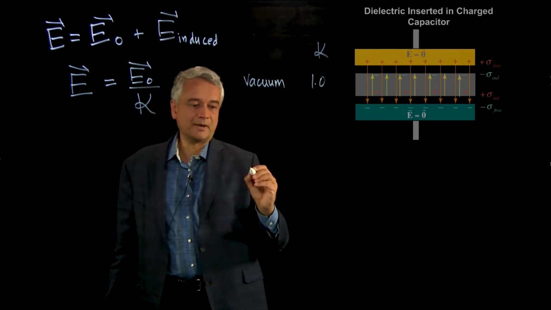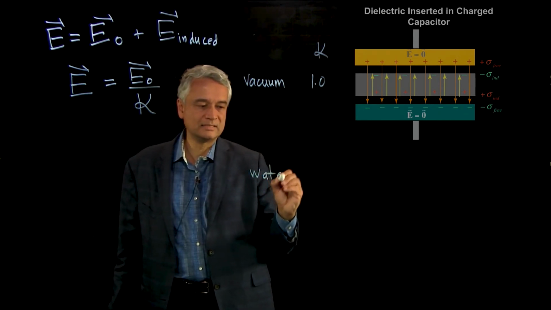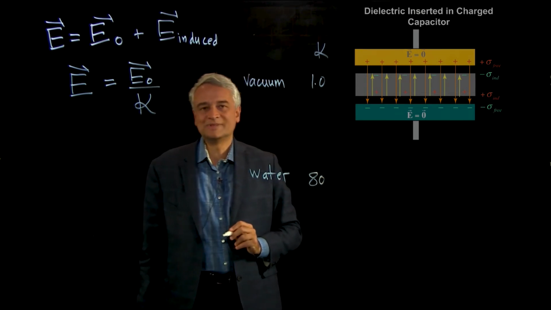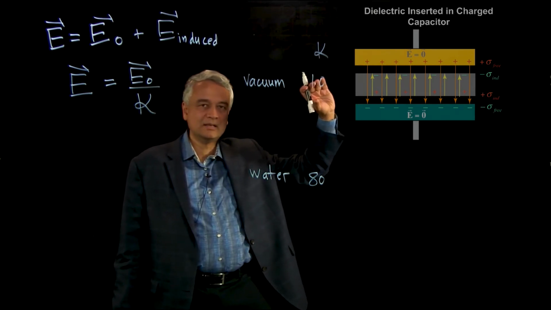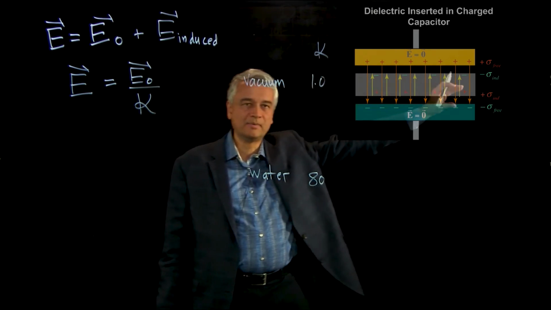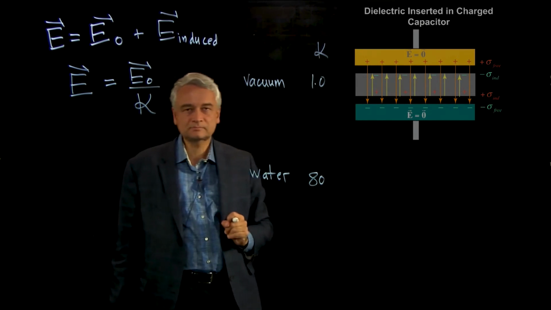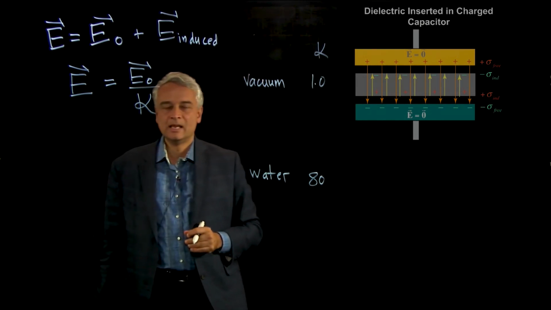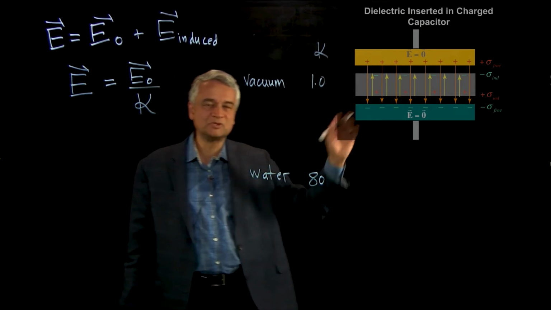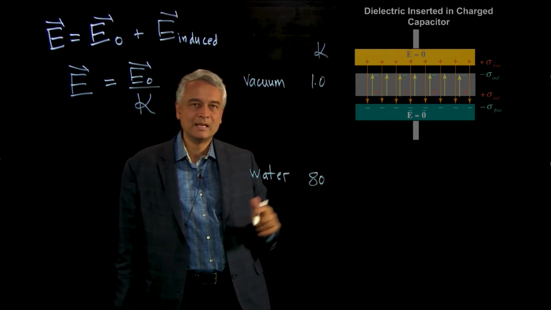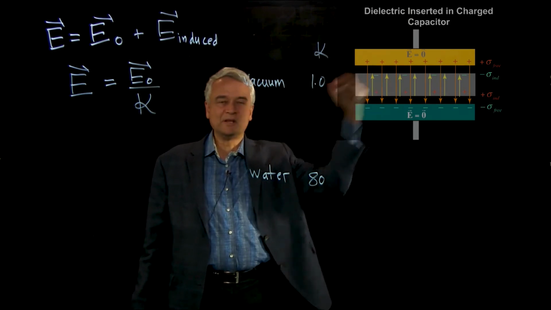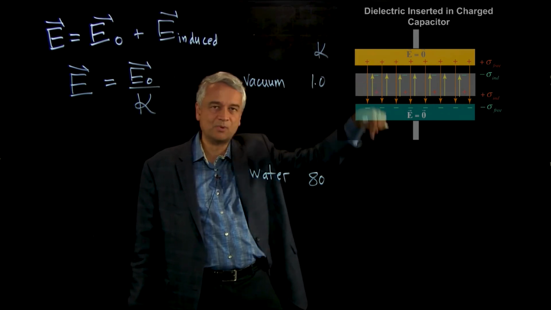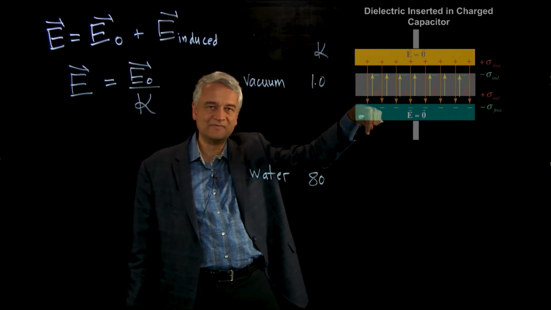But water has a kappa, which is in fact 80. So what that means is that if I slide a container of water in between my parallel plates, the electric field will be reduced by a factor of 80. Another way of saying it is that if I have water between the plates of a capacitor, the yellow upward pointing field is 79/80ths as big as the orange downward pointing field, which is the one I would have had in vacuum.